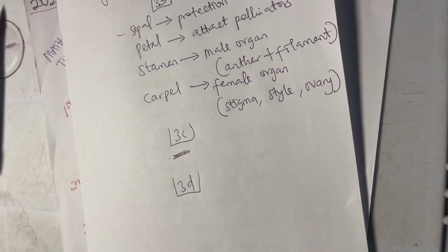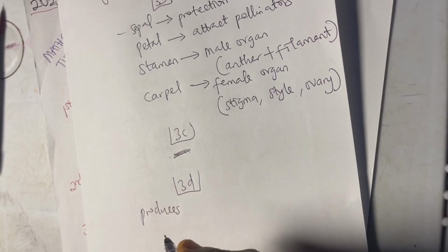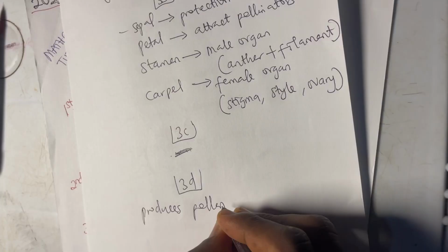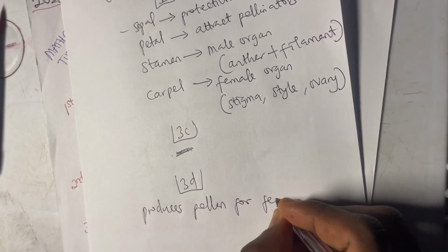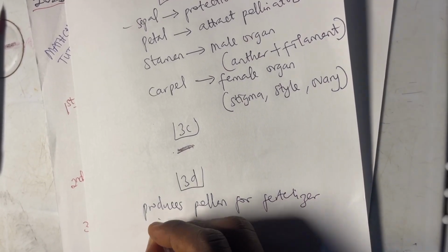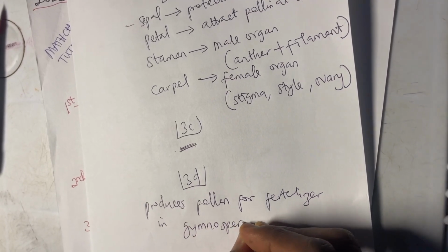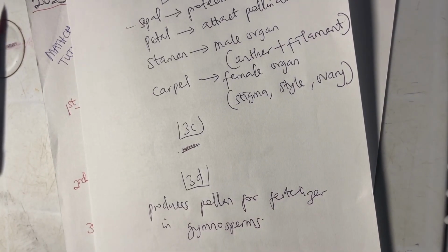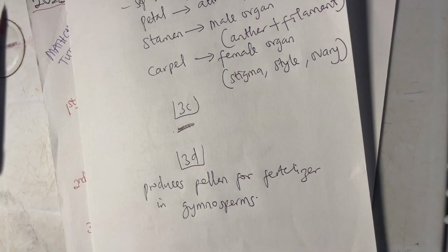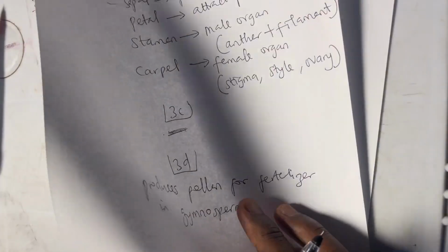If they ask you that, one of the significances is that it produces pollen for fertilization in gymnosperms. That's just the basic thing. For this third category, this is what I have for you.